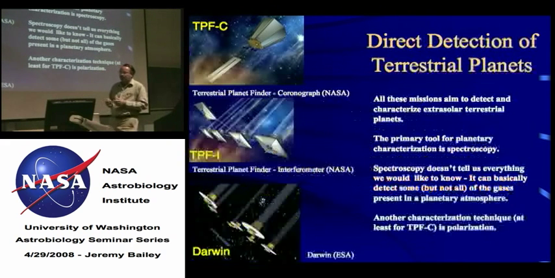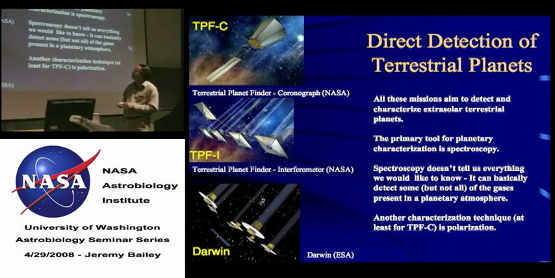Nevertheless, there are a number of proposals for missions to directly detect terrestrial planets. This is very hard because a terrestrial planet is an extremely faint object. It's probably fainter than anything astronomers have yet measured, and it's sitting next to a star which is 10 billion times brighter. So these are pretty challenging observations, but a number of methods have been proposed.